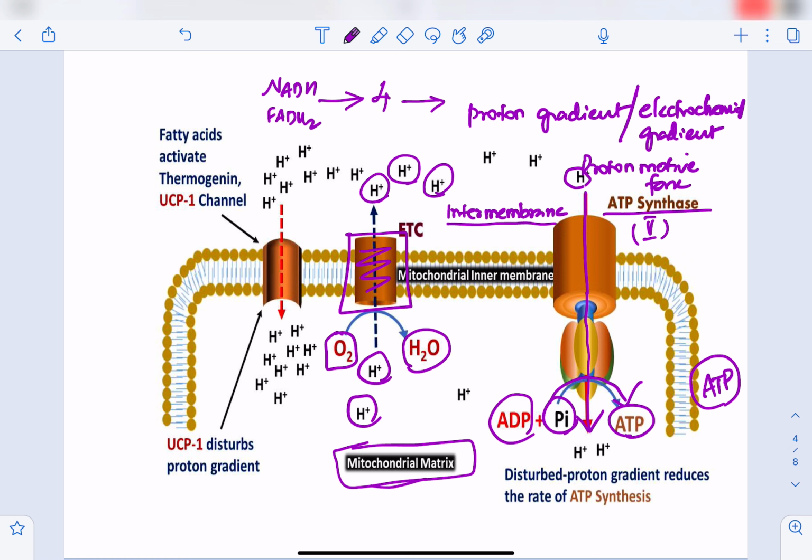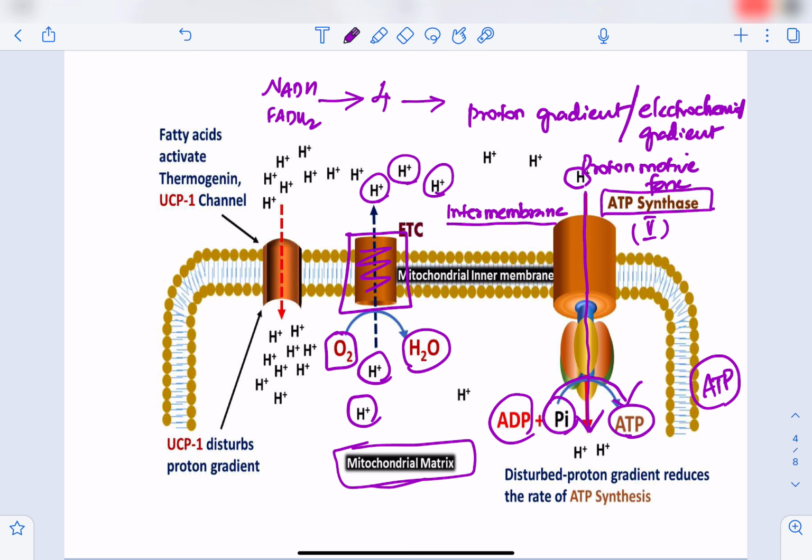Now in uncouplers, what happens? The proton gradient is dissipated via different transporters other than the ATP synthase complex. Only if the proton gradient is dissipated via the ATP synthase complex can ATP be synthesized.